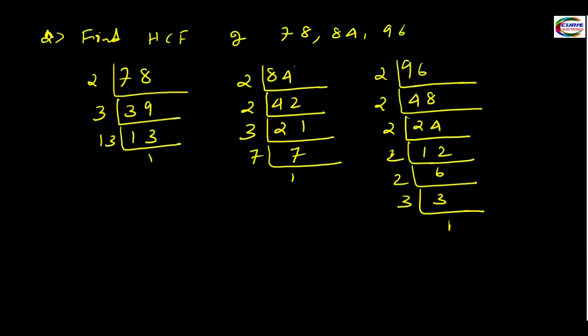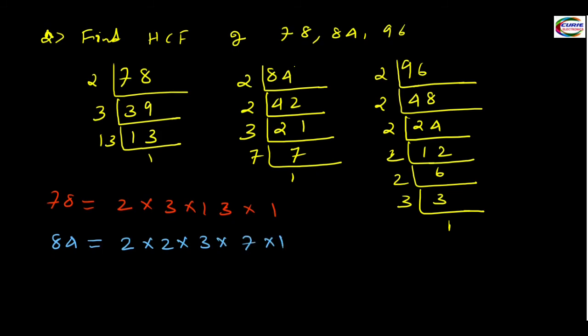Now how do you find the HCF? Now 78 equals 2 multiplied by 3 multiplied by 13 multiplied by 1. What about 84? 84 equals 2 multiplied by 2 multiplied by 3 multiplied by 7 multiplied by 1.